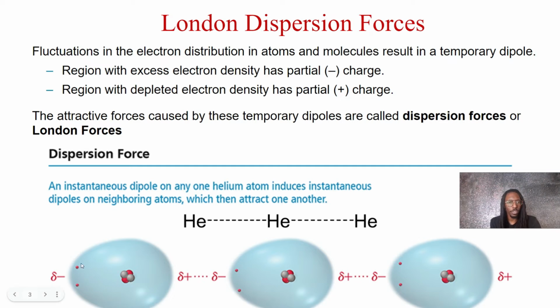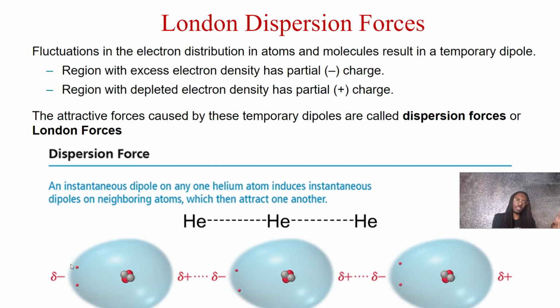So for instance, let's look here. We got our electrons all on the left side, and because they're all in this specific region, we're going to see that this is where it's going to be more dense. And because it's more electron dense, we start to see this partial negative charge occur, right? More electrons on this side.